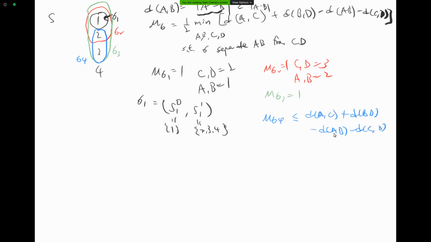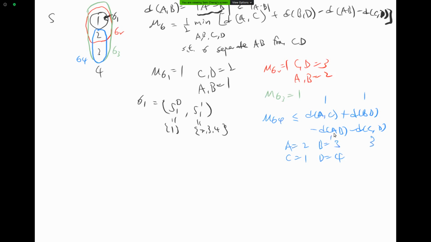If I pick A equal to 2, B equal to 3, C equal to 1 and D equal to 4, let's see what happened. I get 1 here, 1 here, AB I get 1 here, and CD I get 3 here.